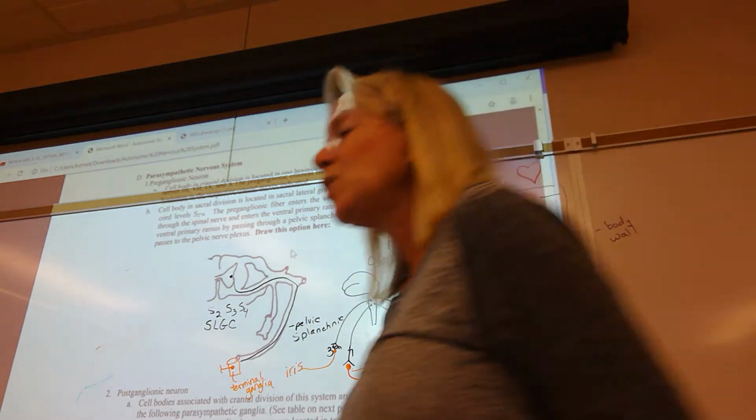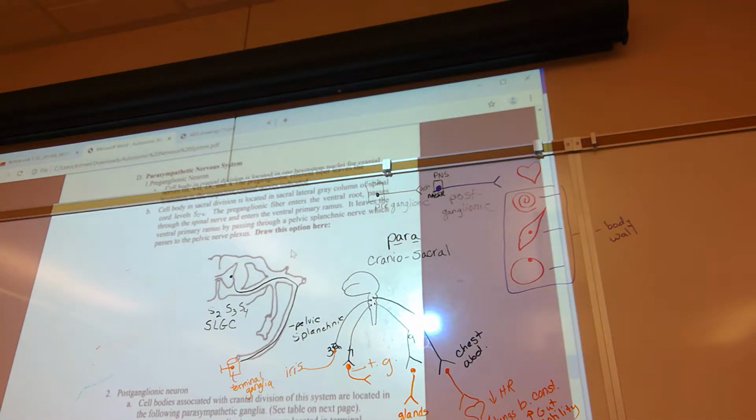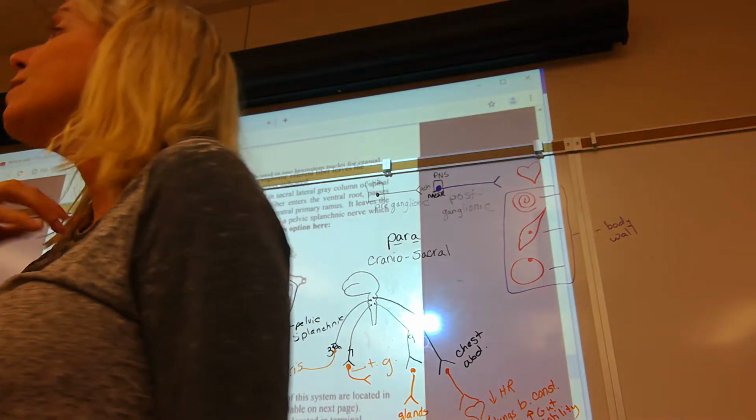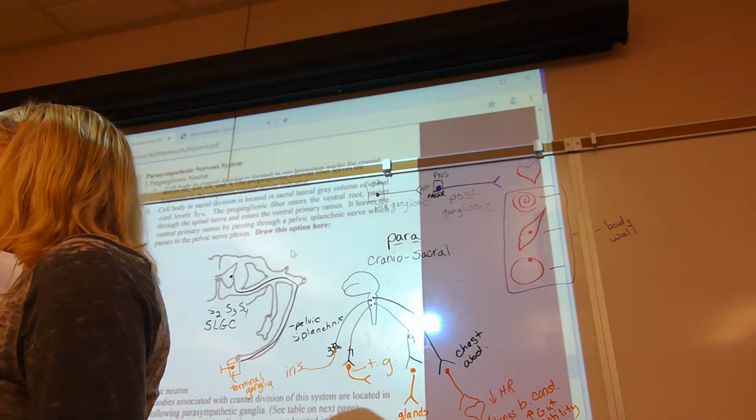Sympathetic postganglionic neurons, we can see. I told you, you can hold them in your tweezers. Terminal ganglia for parasympathetic, you cannot see with the naked eye. You will not be able to say, here they are. You will have to see them under a microscope. They are microscopic. They are in the wall of the effector.